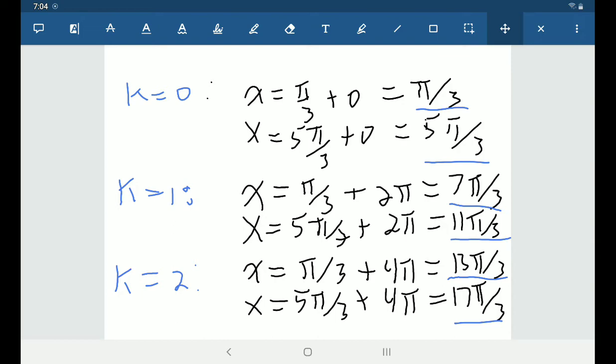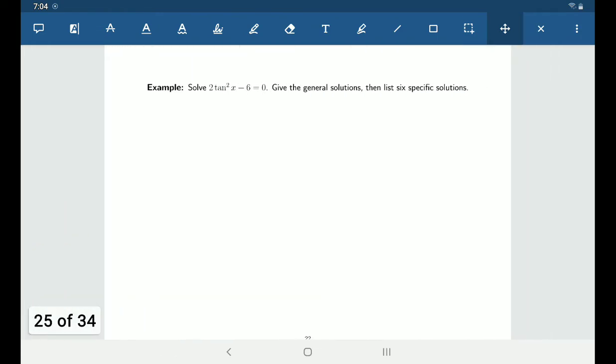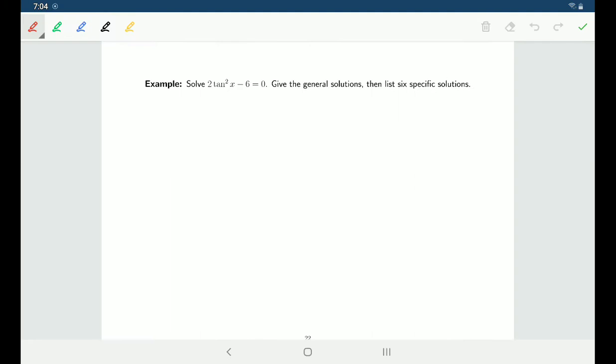All right, let's do another one. We have 2 tangent squared minus 6 equal to 0, and we're doing the same thing as before, finding general solutions, then finding 6 specific solutions. So first thing I'll do, I'm just going to simplify this. I'm going to isolate the tangent. So we have 2 tangent squared x equals 6.